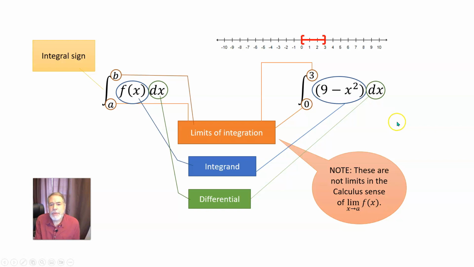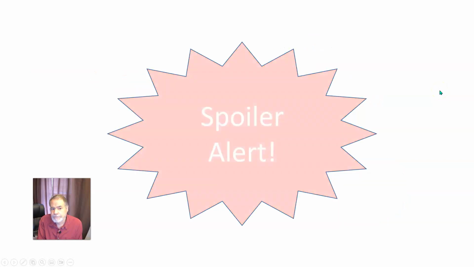So what does this mean? What does it mean when we have something like the integral from 0 to 3 of 9 minus x squared dx? Well, first let me tell you something that it doesn't really mean. Some people who have studied some calculus have a somewhat wrong idea about what this means or how it's defined. Before I tell you what they think it means, I should probably give a spoiler warning here.